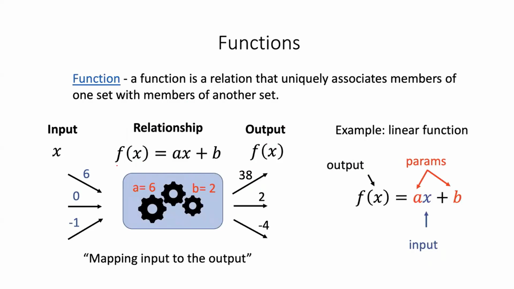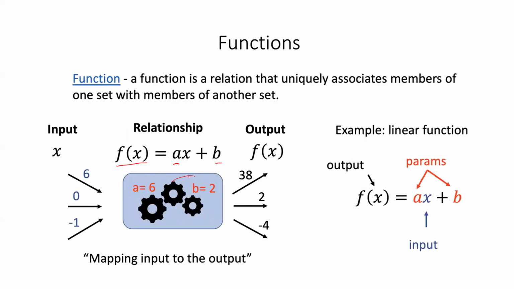So f of x involves two parameters, a and b, where a can be the weights and b can be the intercepts, and x is nothing but the various inputs.